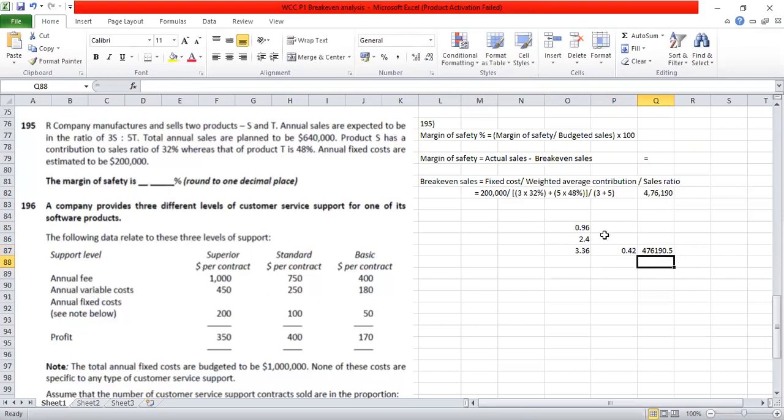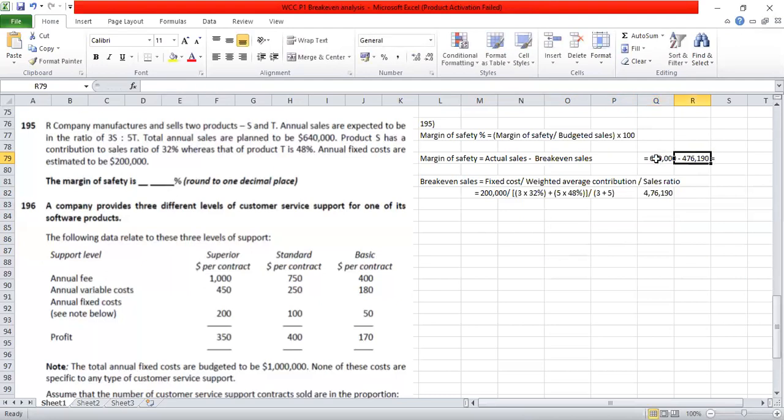I wrote the formula wrong somewhere, maybe while inputting the data. But otherwise it's coming as 476,190. That is break-even sales. The space is not there, so I'm writing it here. The budgeted sales are 640,000 minus the break-even sales of 476,190.